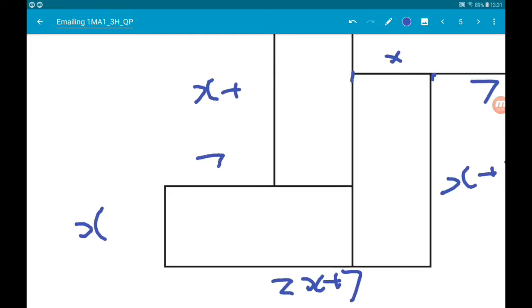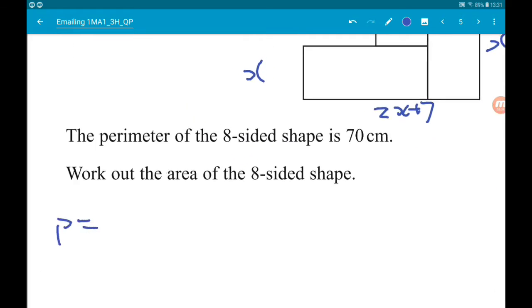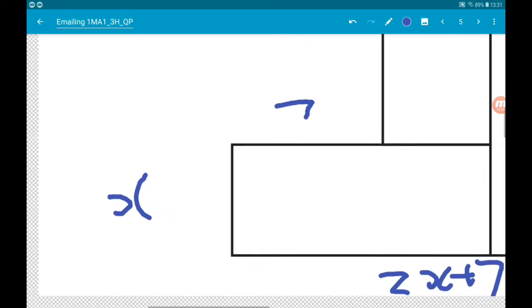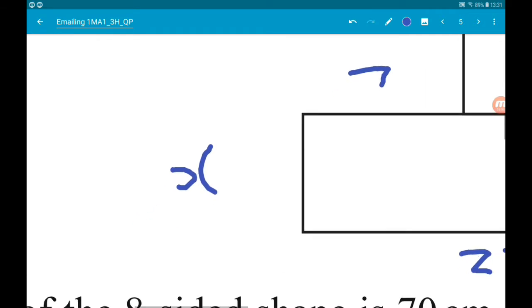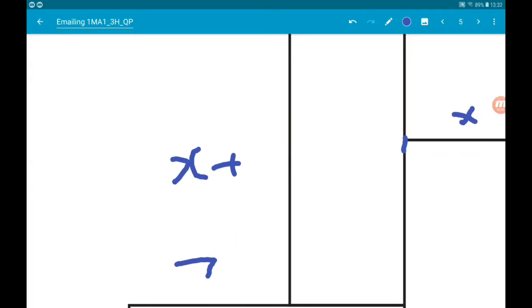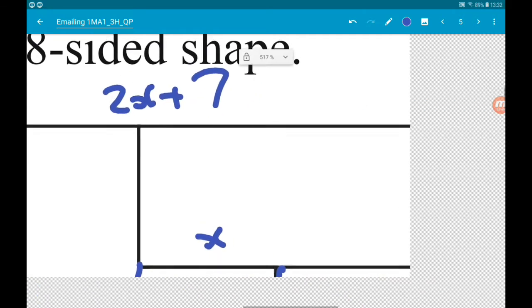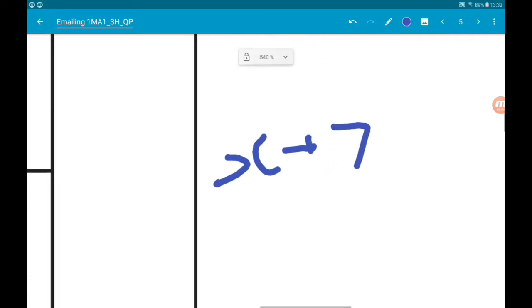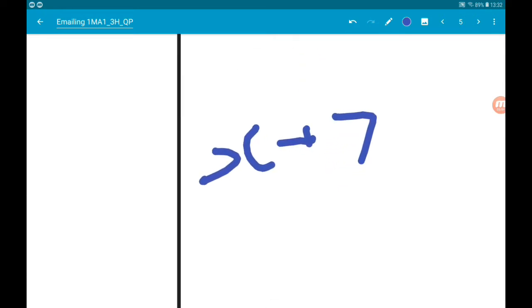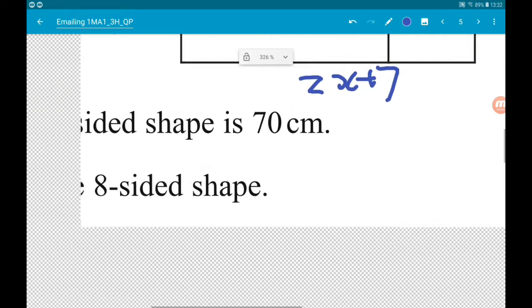So now we can work out the perimeter algebraically. So if we start here, we have x, so I'm going to add all the x's together first. So we have x, add x, which is 2x, add 2x is 4x, add x is 5x, add x is 6x, add 2x is 8x.